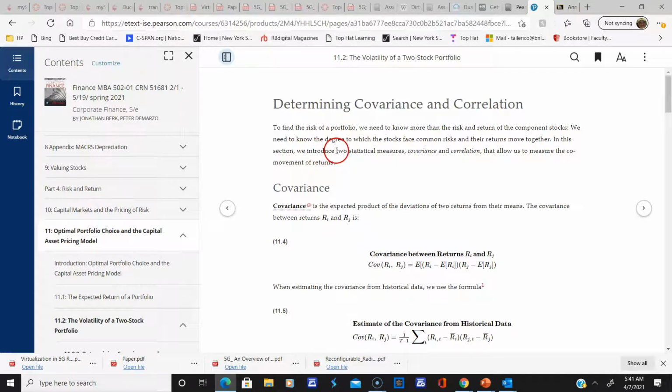In this section, we introduce two statistical measures, and these are the main ingredients of how you determine perfectly negative correlation. It's called covariance and correlation. So these go hand in hand and add to standard deviation to let you know how things are negatively and positively correlated.